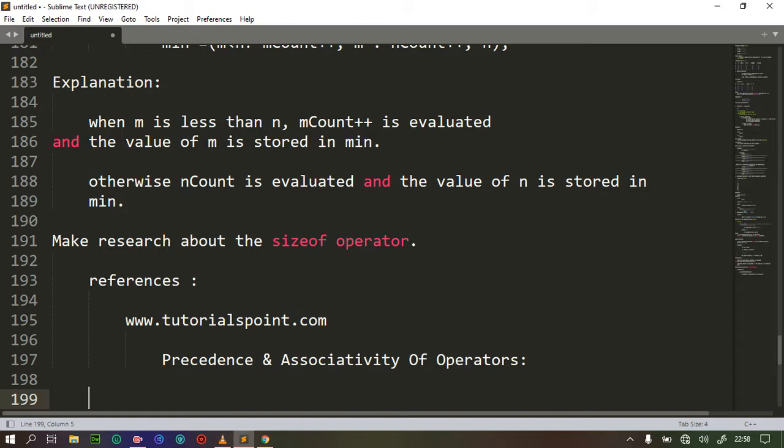I'm saying the order in which operators are evaluated in an expression is important. I'll say it again: the order in which operators are evaluated in an expression is very, very important, and it is determined by what we call precedence rules.